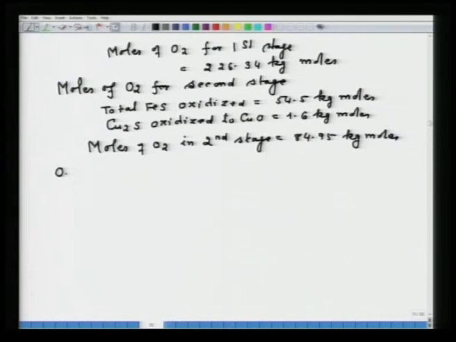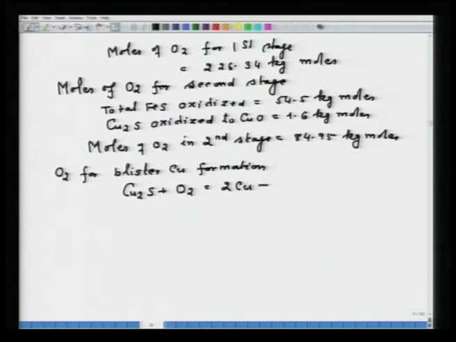So, oxygen for the blister copper formation stage, the reaction is Cu2S plus O2 gives 2Cu plus SO2. Now, we have to calculate the amount of Cu2S which is oxidized.